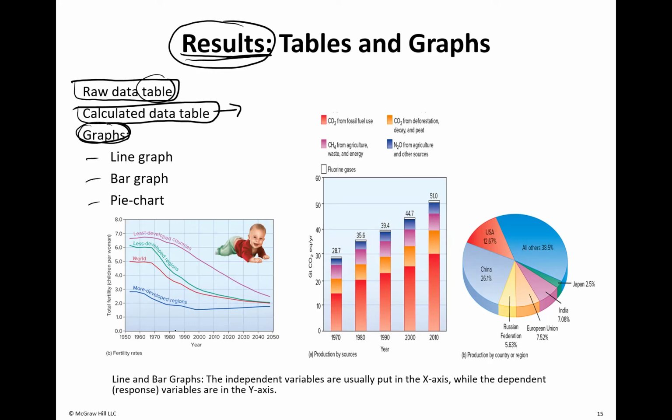If you see over here, on the line graph and also the bar graph, usually the independent variable is put on the x-axis. So if you see the x-axis over here, this is most likely the independent variable.